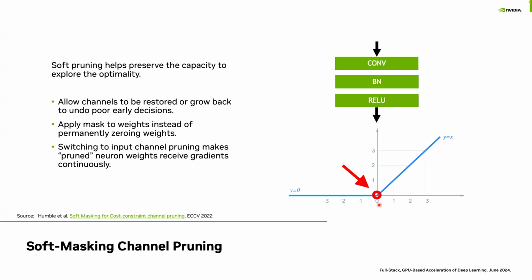And if you check all the modern architectures, the ReLU layer is always applied as the nonlinearity. So if the output is zero, then the gradients of those weights will be zero or undefined, so it's going to be harder to update later. So we switch to input channel pruning, and now when we fine-tune the model in the following steps, these weights will be able to update.